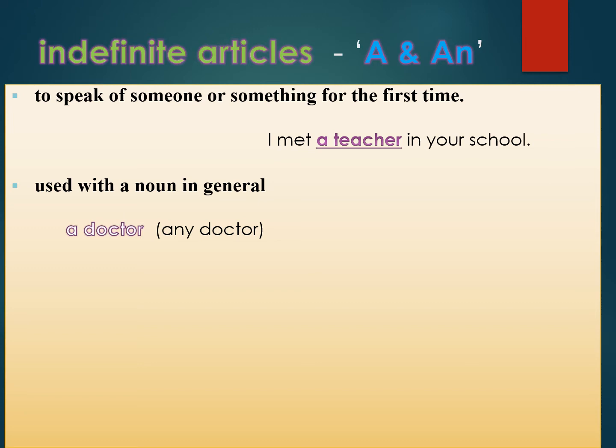So here I'm using the noun doctor in general. That means any doctor. The first letter of that noun, D, is a consonant. That's why a has been put before the noun doctor.